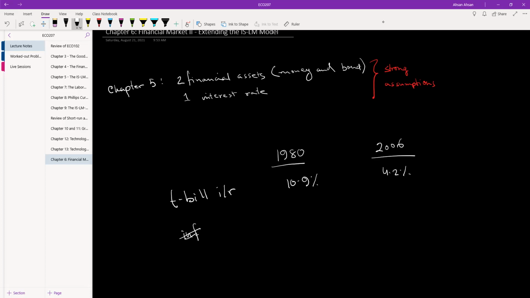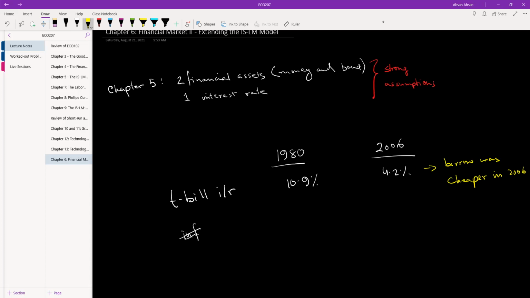Okay. Now, if this is all the information that's given to us, then what looks very obvious straight away is that borrowing was cheaper in 2006, right?